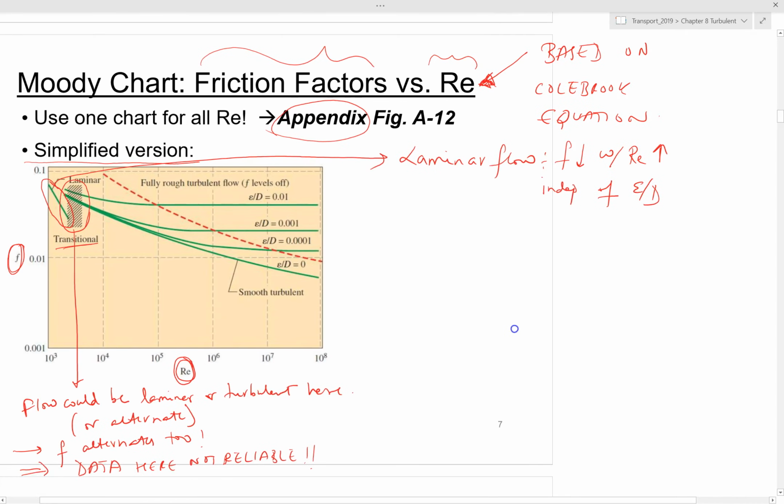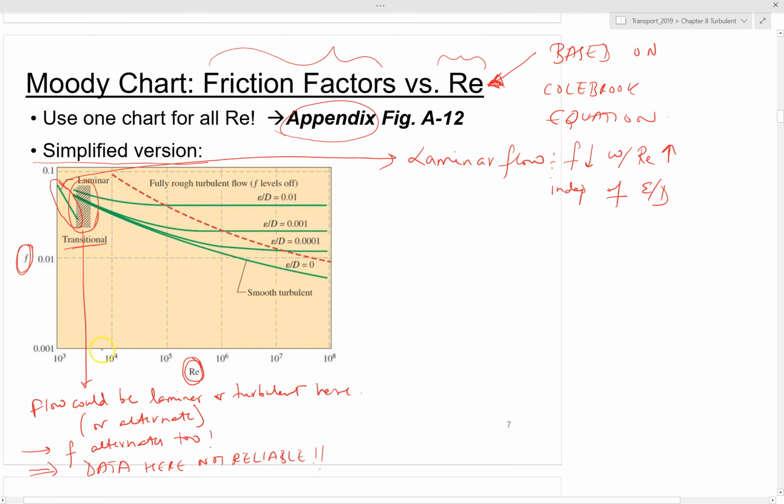Now you go beyond, you go on increasing the Reynolds number, and suddenly you see that you are getting into the turbulent regime. In the turbulent regime, one interesting thing you see here is that your friction factor and Reynolds number are very much dependent on E over D, the ratio of mean height of roughness to the pipe diameter.